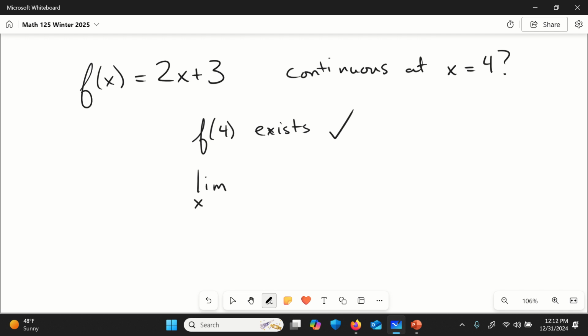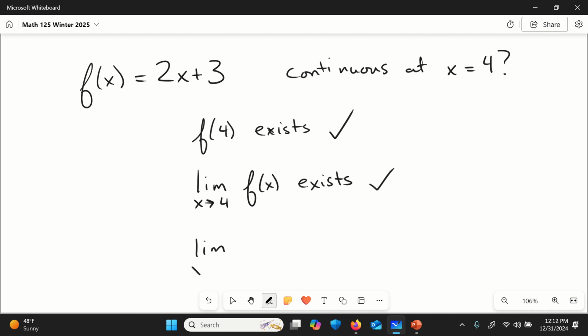Then we would want to evaluate whether the limit as x goes to 4 on this function exists. Again, because this is a polynomial function, we know that the limit exists, and it's as simple to evaluate the limit as plugging in the value 4 into the function. So yes, the limit does exist. And then we check to see if these things are equal to each other.